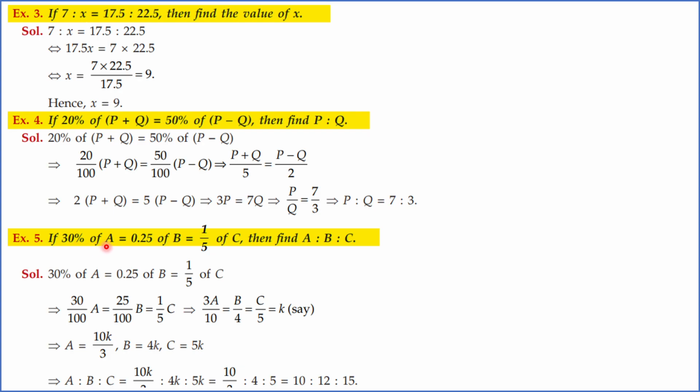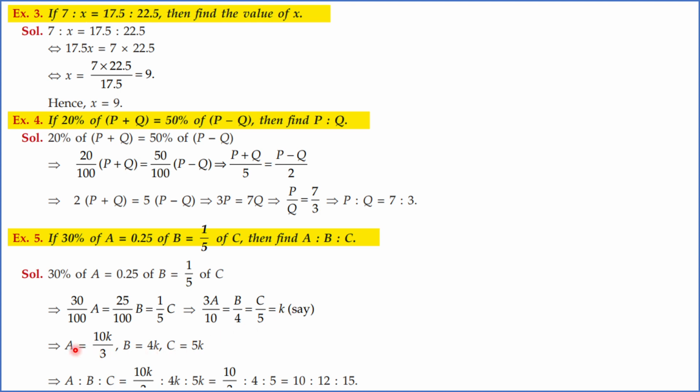If 30% of A is equal to 0.25 of B equal to 1 by 5 of C, then find A is to B is to C. 30% of A equal to 0.25 of B equal to 1 by 5 of C. That implies 30 by 100 A equal to 25 by 100 B equal to 1 by 5 C. That implies 3A by 10 equal to B by 4 equal to C by 5 equal to k, k is some constant.